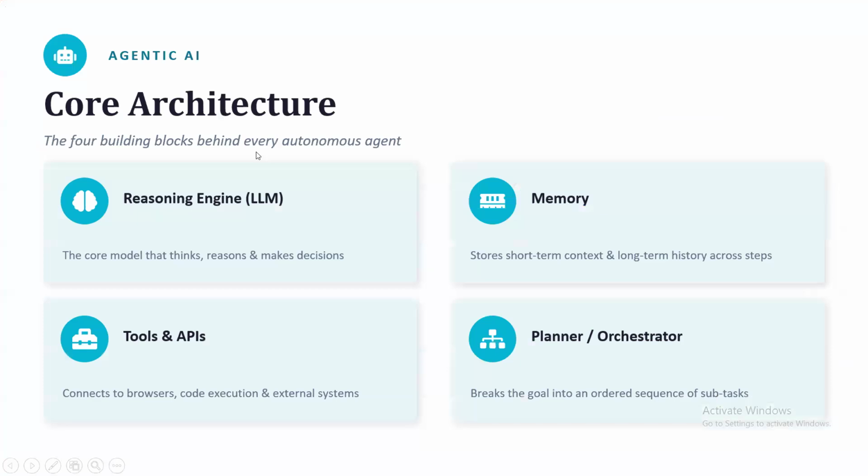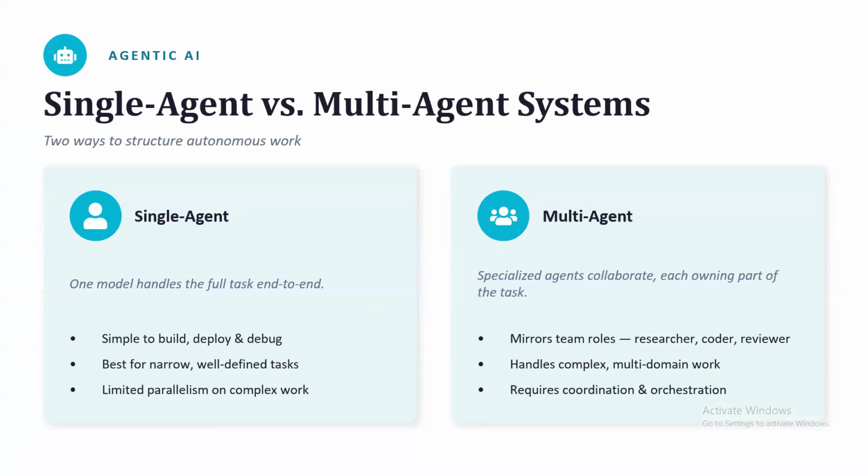Core architecture in agentic AI: reasoning, memory, tools and API, planner and orchestrator. We have single-agent and multi-agent setups. In a single agent, one model handles the full task end to end, and in multi-agent, specialized agents collaborate, each owning part of the task.